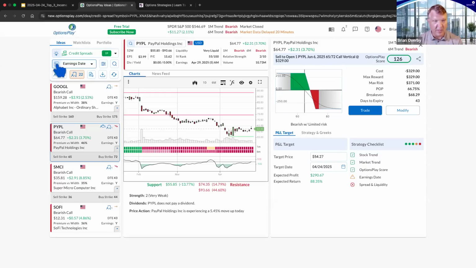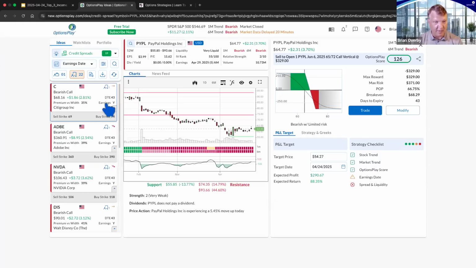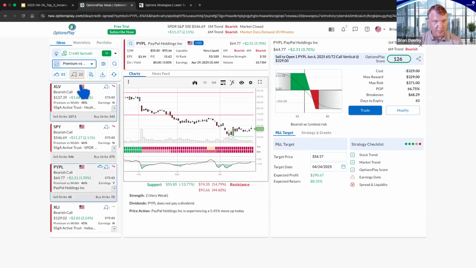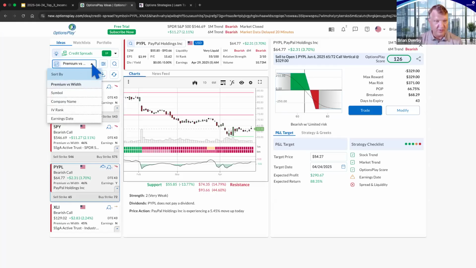So this little button over here will highlight, do I want earnings? Do I not want earnings if I'm going to do the trade? And then you can decide in your drop down what you want your premium to be. So really straightforward: sort by symbols, IV ranks. These are the ones that are available to you.